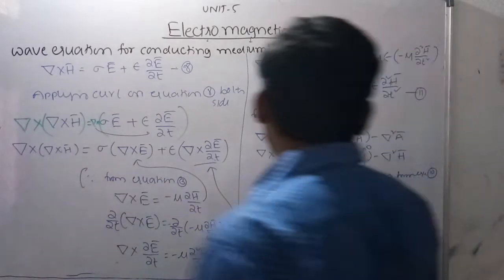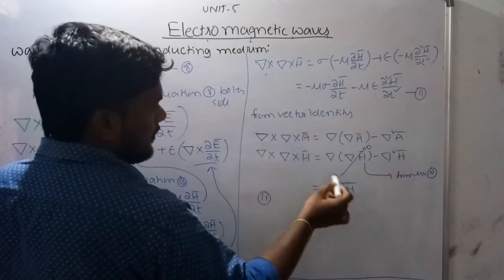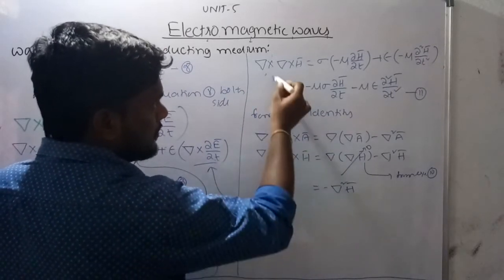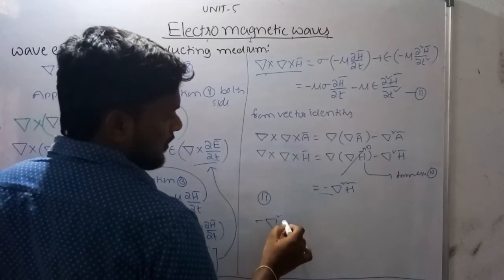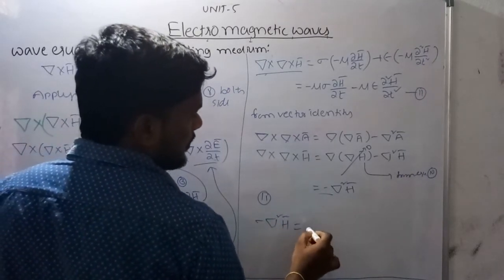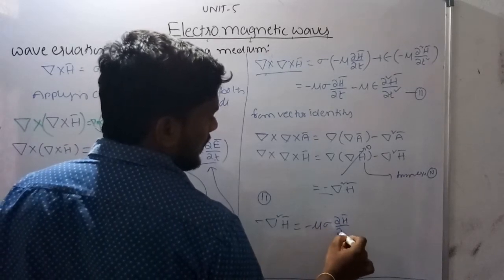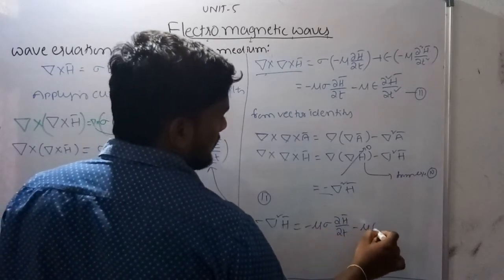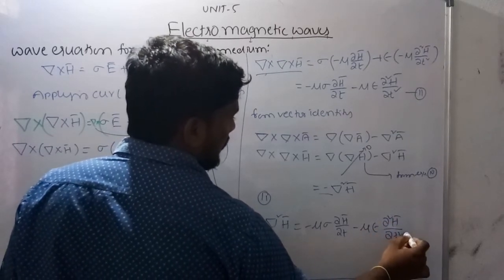Substitute the above value in equation 11, so that you will get the value of del cross H bar. From this relation, it is minus del square H bar equals minus mu times sigma dou H bar by dou t minus mu times epsilon dou square H bar by dou t square.